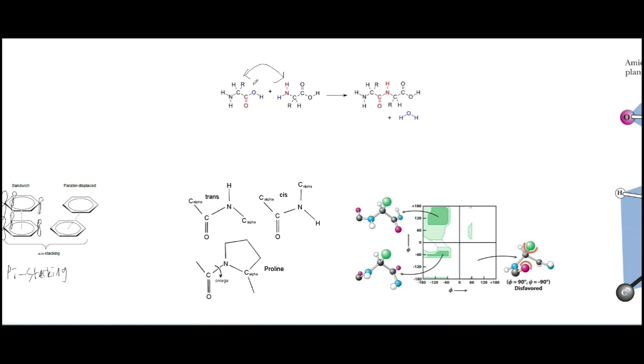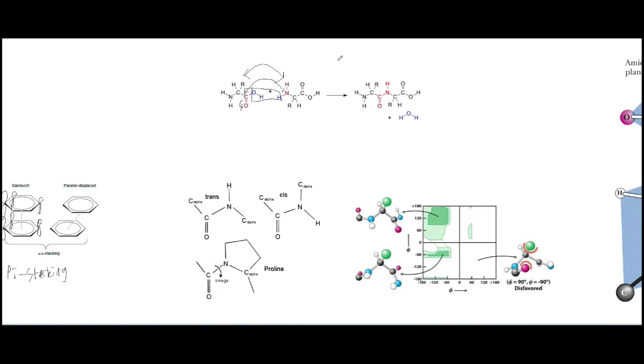So we form a bond between the nitrogen of one and the carboxylic acid of the other. This shows these blue here come off to become water while these attach to each other. So what happens is the lone pair on this nitrogen will attack that partially positive carbon there, which will kick the electrons up to there.